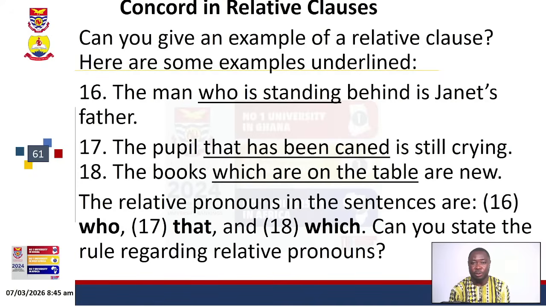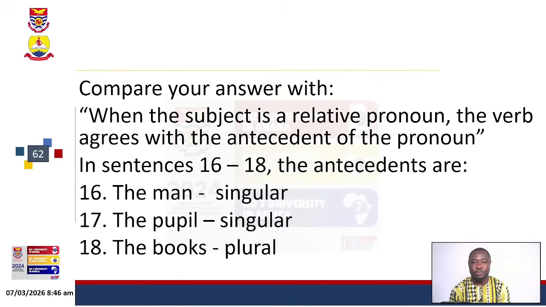Who singular or plural. Now, when the subject of your sentence is a relative pronoun, the verb must agree with the antecedent of the relative pronoun. Okay? When the subject is a relative pronoun, the verb agrees with the antecedent of the relative pronoun.